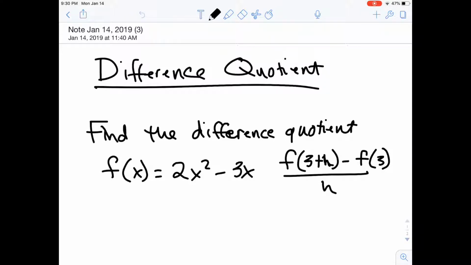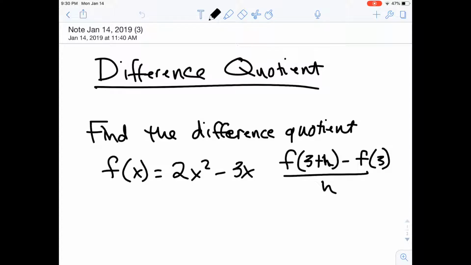What you're doing in this whole thing is you're going to take f of 3 plus h. You're going to plug 3 plus h in for x, and you're going to come to an expression. And then you're going to take f of 3 and plug it in for x, and you're going to get a number.